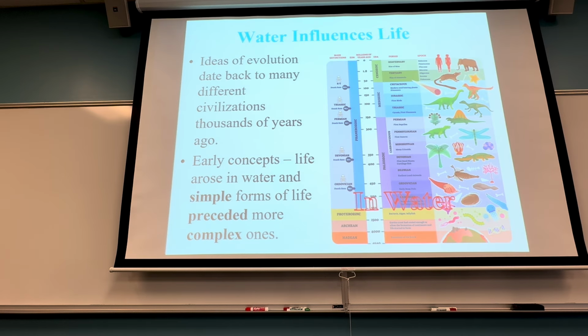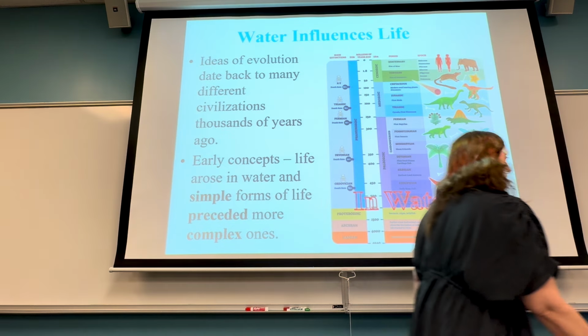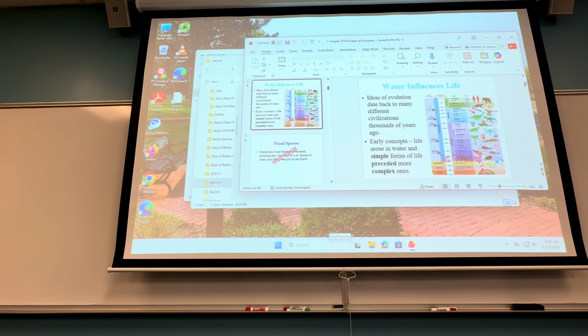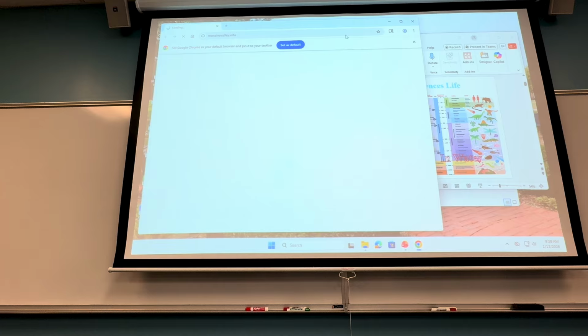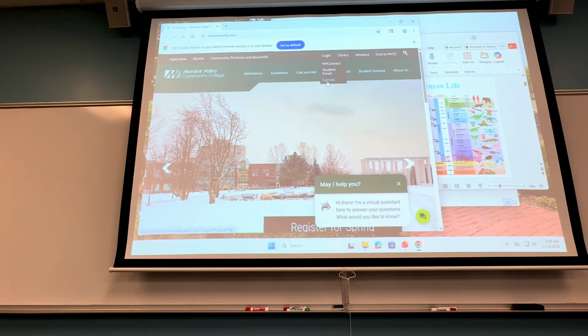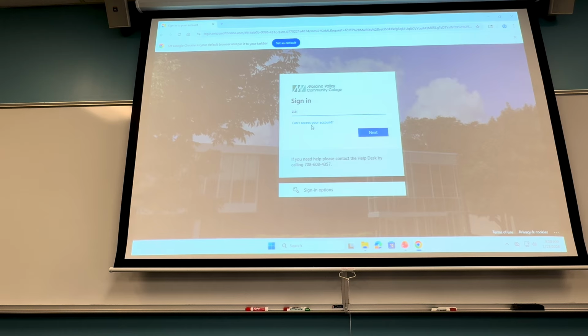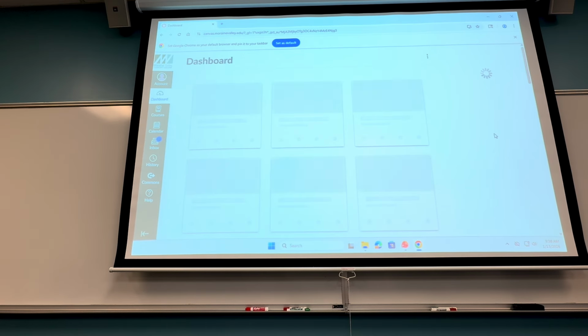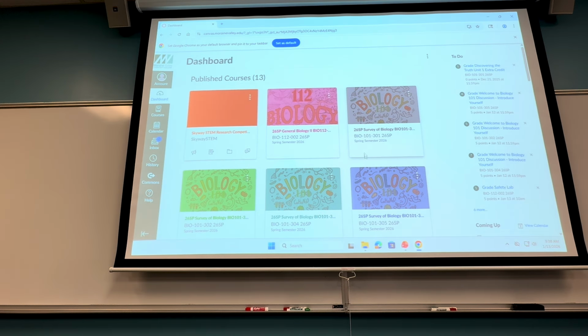If we take a look at Canvas, if you prefer to take your notes on a tablet, you could download the notebook for free onto your tablet and then take notes right into your tablet.